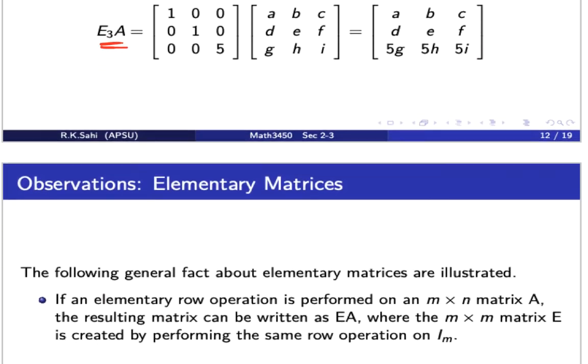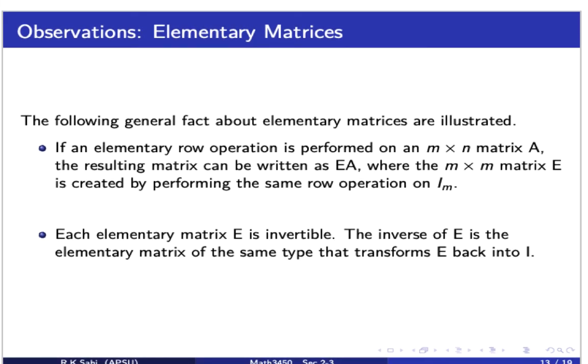I'm going to just put them in some observations here. It says that if an elementary row operation is performed on any m by n matrix A, the resulting matrix can be seen as an elementary matrix times that matrix A. That's what it says. Another thing, every elementary matrix is invertible.